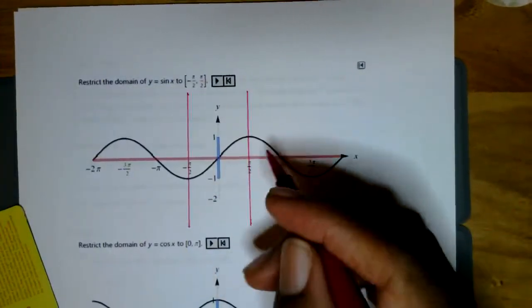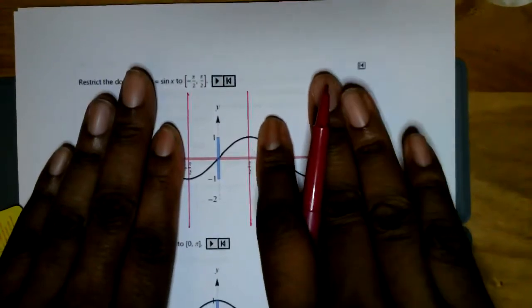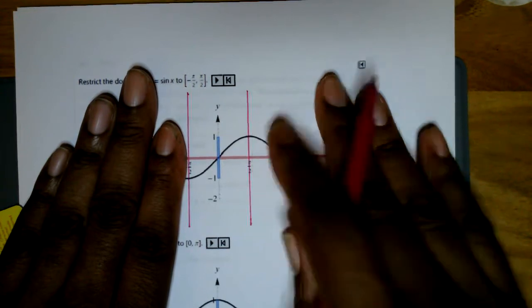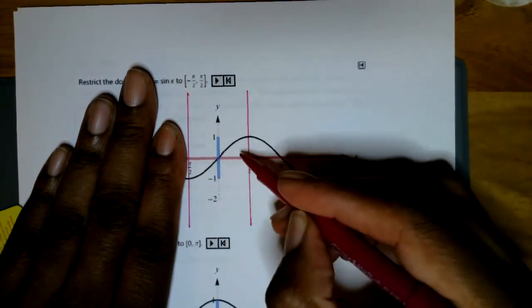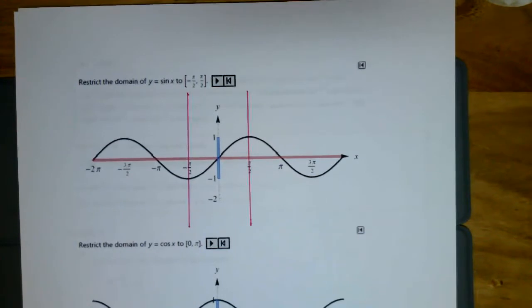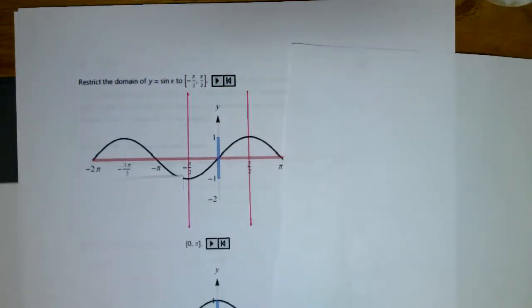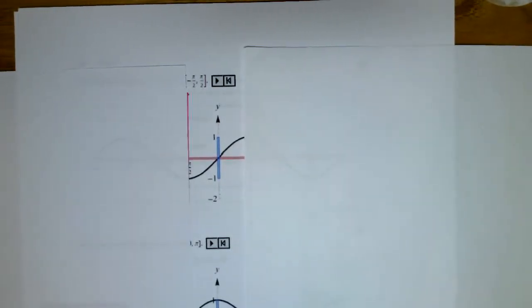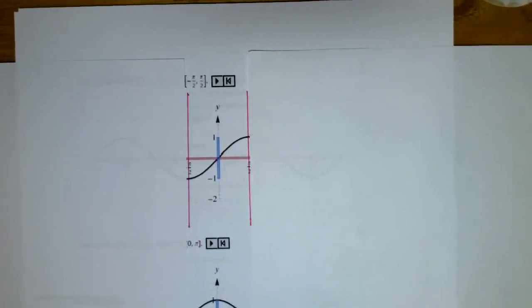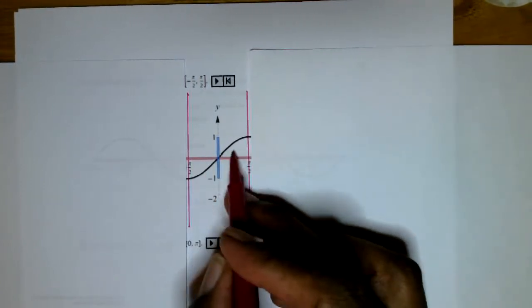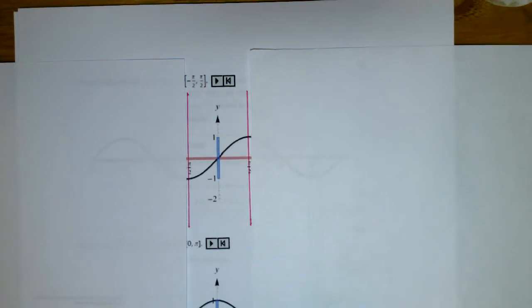You'll see that on that window, if we restrict from negative pi halves to pi over 2, the graph would be a one-to-one function based on that restriction. I'm going to put sheets of paper up here so you can see that it would be one-to-one on that interval, and it would pass the horizontal line test.